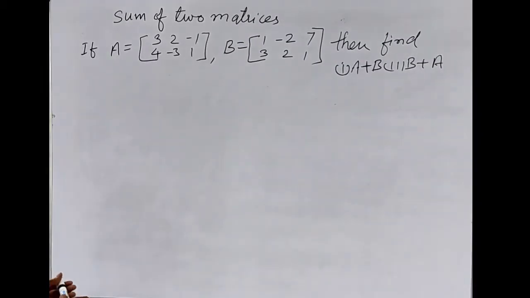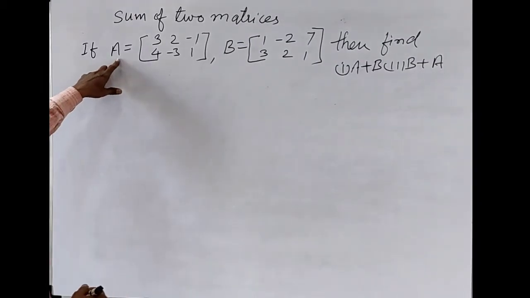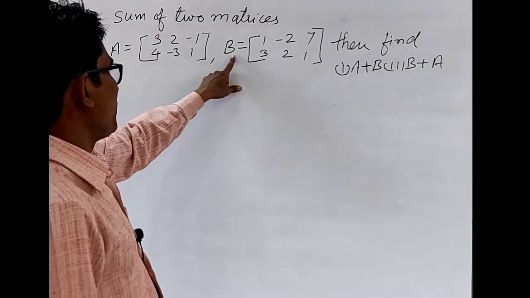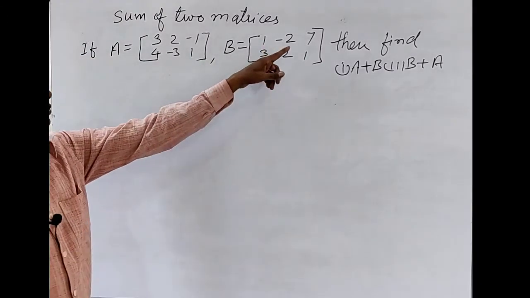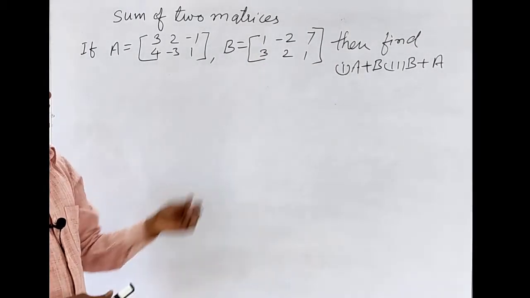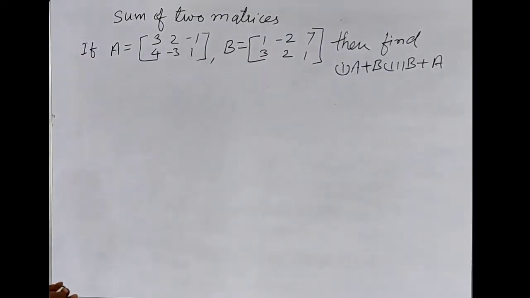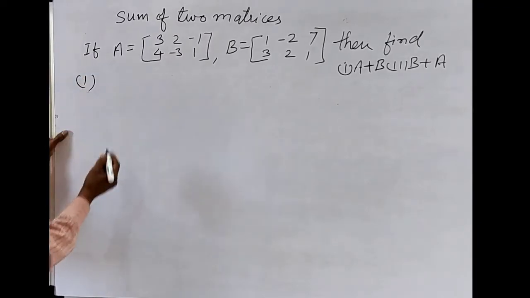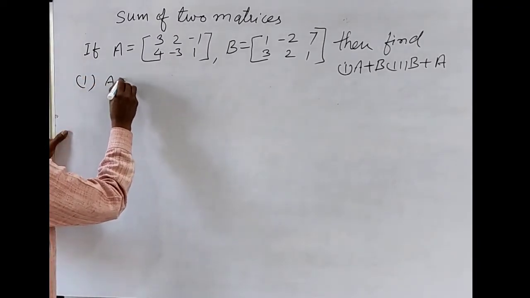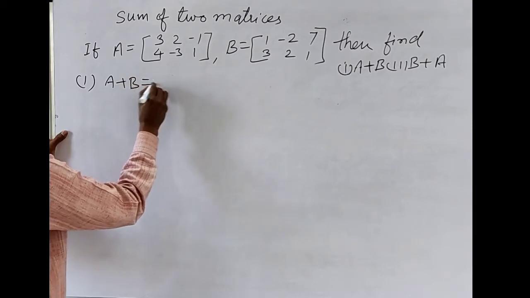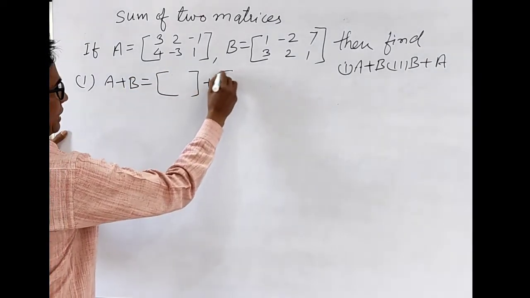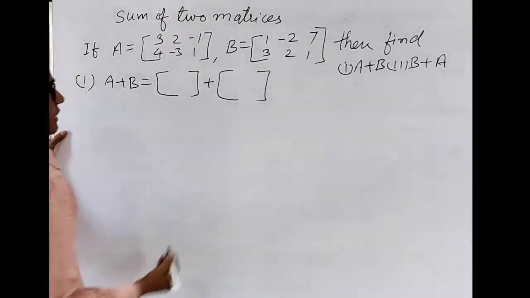So take one example. If A is equal to 3 2 minus 1, 4 minus 3 1 and B is equal to 1 minus 2 7, 3 2 1, then find A plus B and B plus A. A plus B is the element of A matrix plus the element of B matrix.